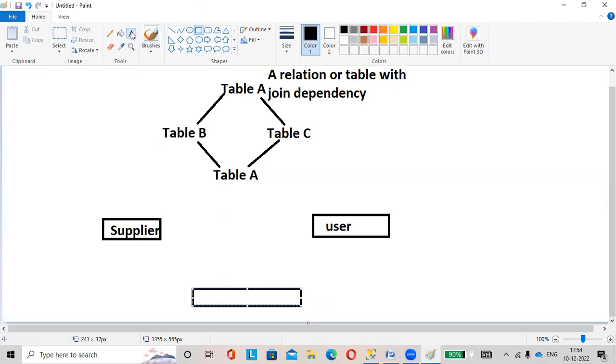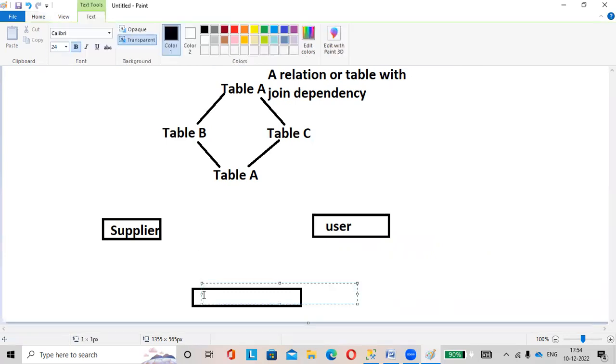Product is one entity. Okay, then relationship.